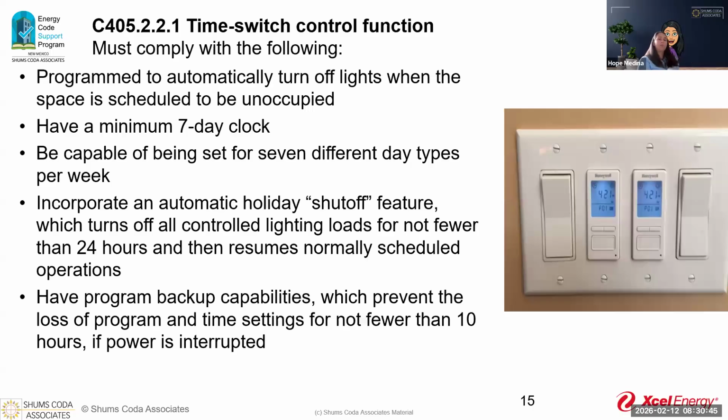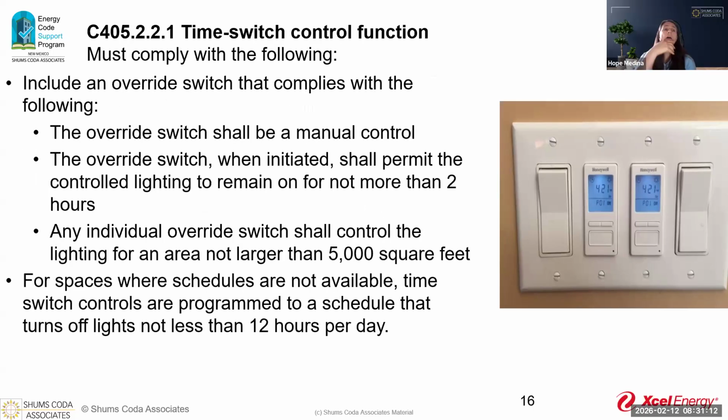So what the code requires is that your system has to have program backup, that it won't lose any of the programming for at least 10 hours of the power being interrupted. So it has to have the capability that if the power's out for 10 hours, the same programming will be available. It can be longer than 10 hours, but the minimum is 10 hours.